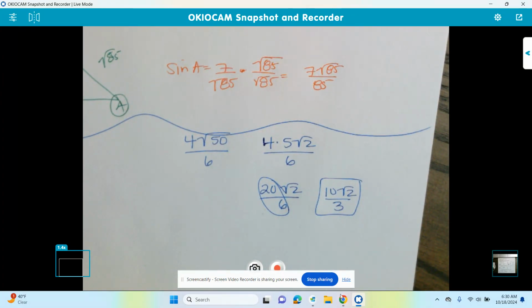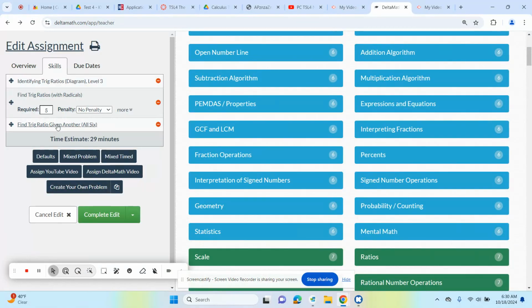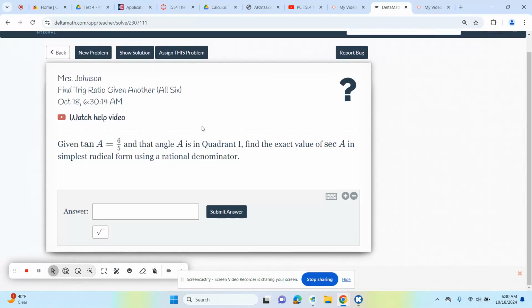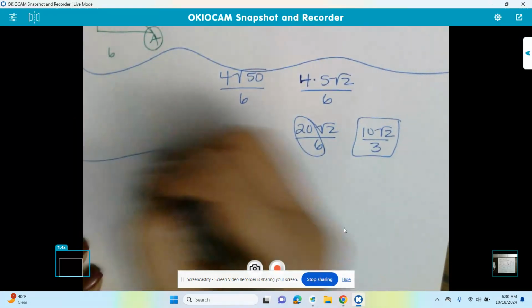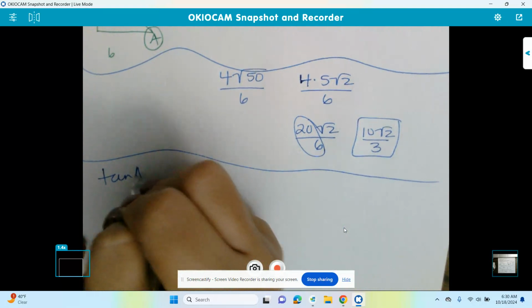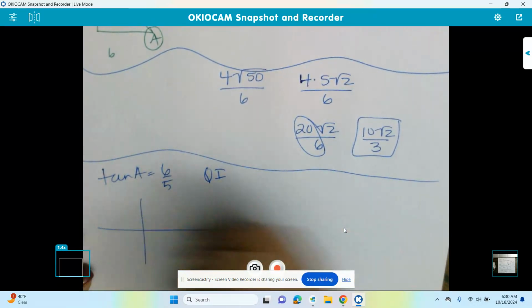All right, and the last one here that we had. So if you're given the other side, remember all we're doing is labeling that triangle. So given tangent of A equals 6 over 5 in quadrant 1. Hopefully I can remember that. Tangent of A equals 6 over 5 in quadrant 1. So let's draw that out.